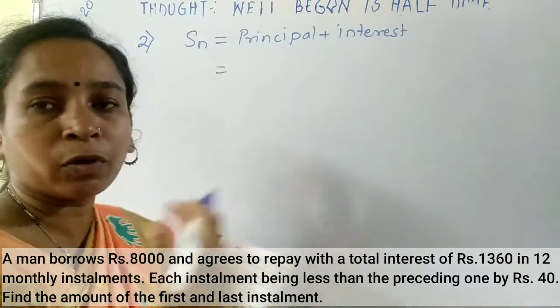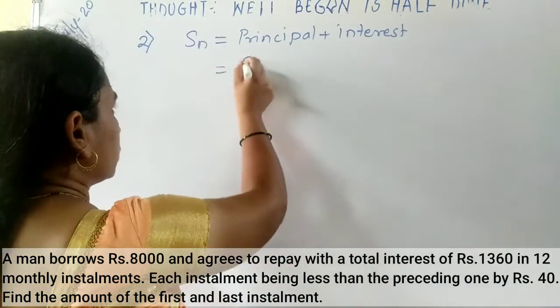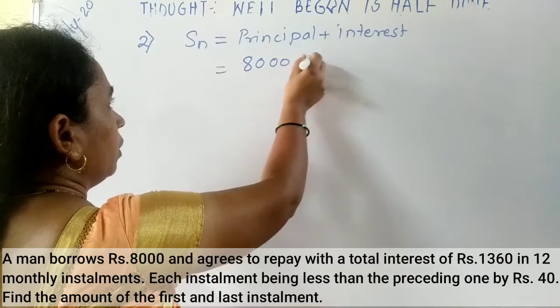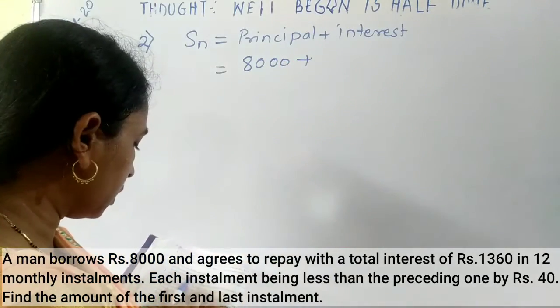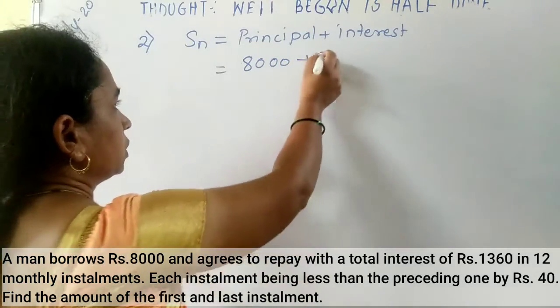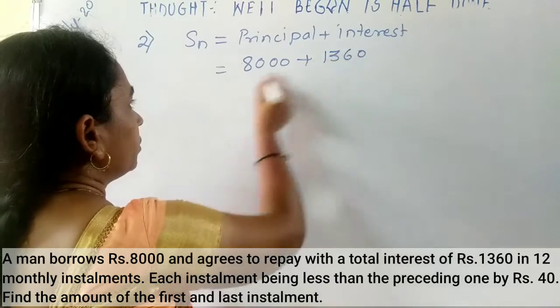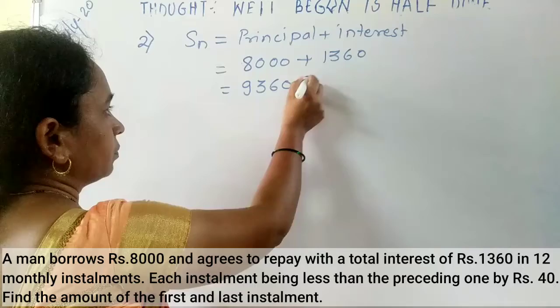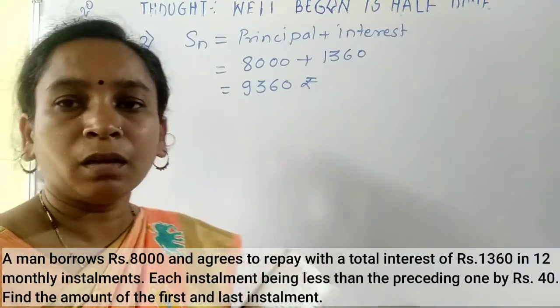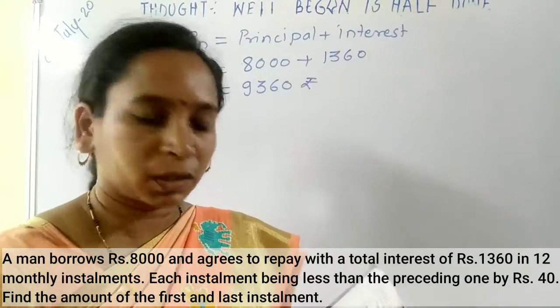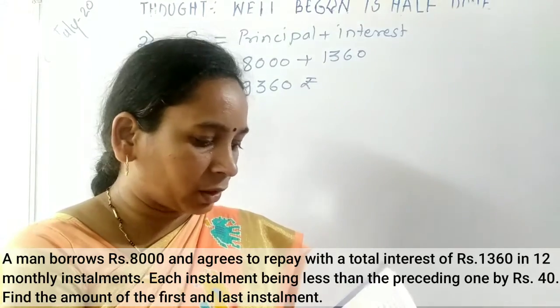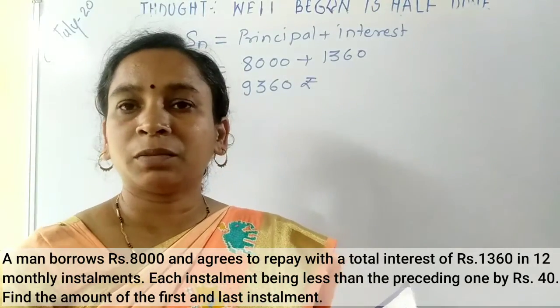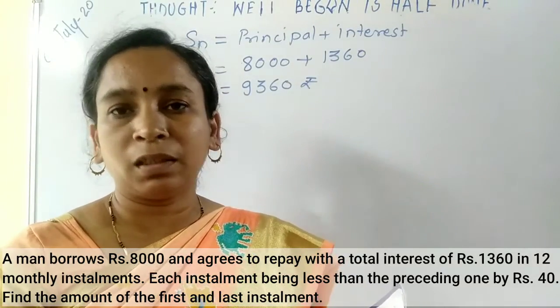Principal, the borrowed amount, is 8,000 plus interest 1,360. That means he has to repay 9,360 rupees.